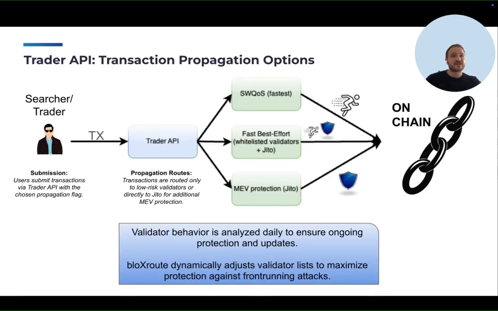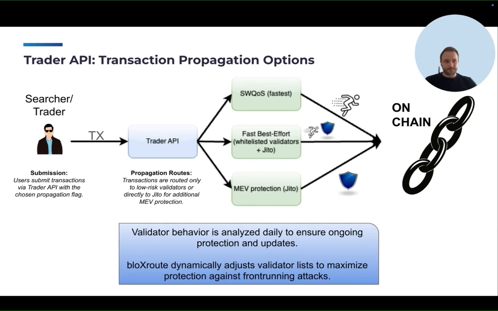So just touching on how bloXroute comes into play with landing transactions, we have what's called our trader API, which basically ensures that under whatever network conditions there may be, even if it's extremely high traffic and very congested, we have the mechanisms in place to ensure that you land your transaction very quickly, and again, very reliably.